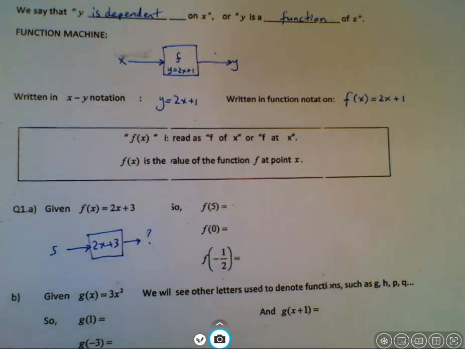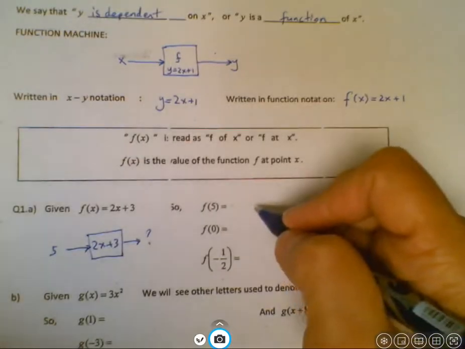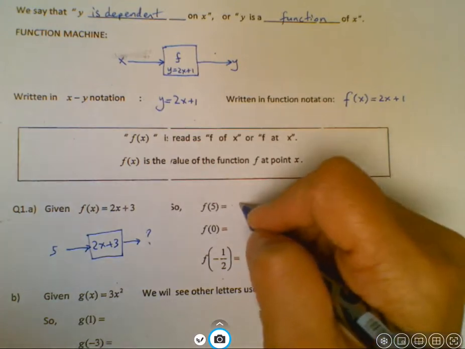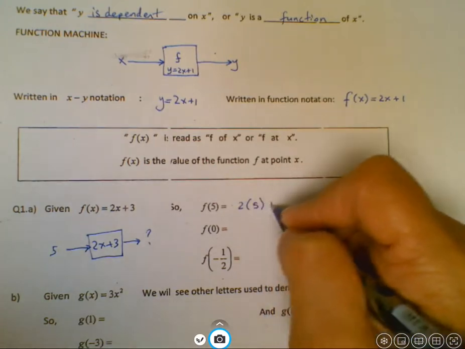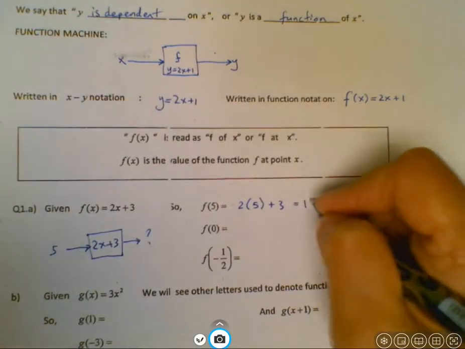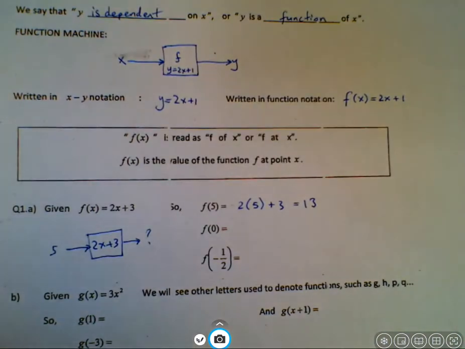So if my input becomes 5, my output will be whatever happens when you apply this function to the input. It's going to be 2 times 5 plus 3, and that is 13. So f of 5 is 13.